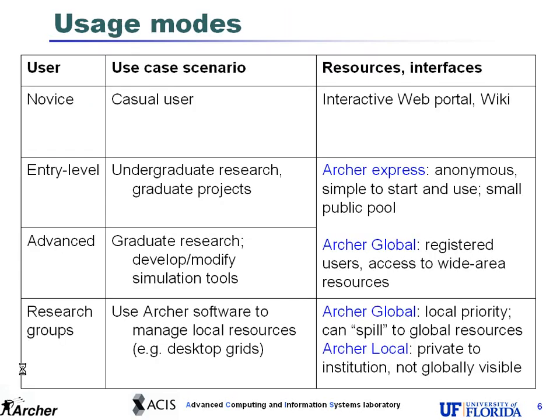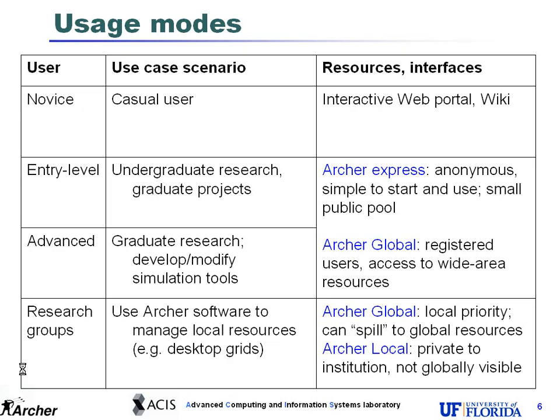For the casual user, we have an interface that allows them to browse our documentation. For the entry-level user, for example undergraduate research and graduate projects, we have Archer Express and Archer Global. Archer Express is anonymous, easy to start and use, and has a small but useful resource pool.